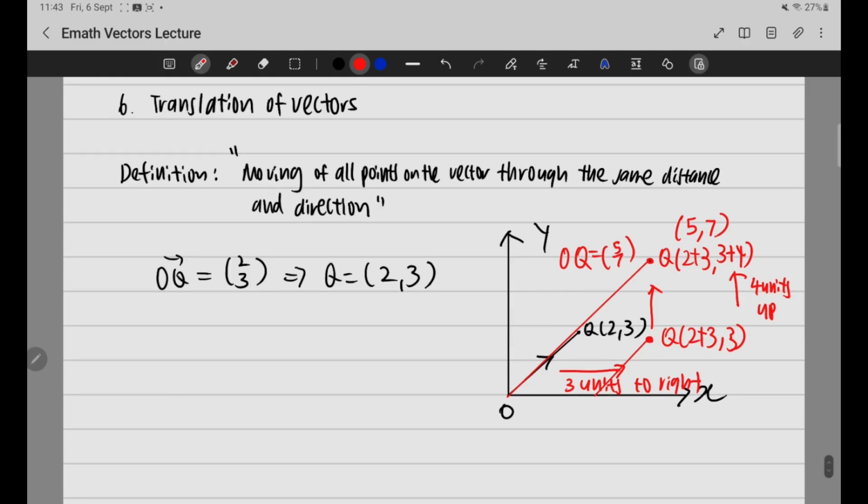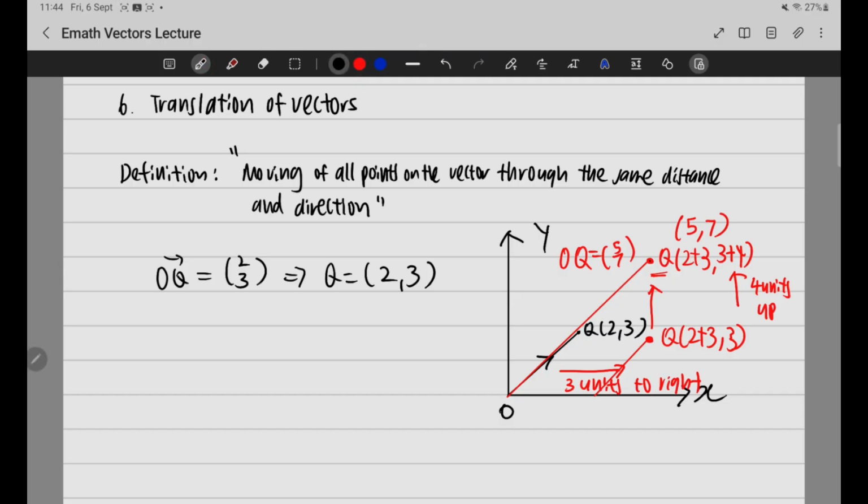So what translation means is that you're just moving a point, let's say point Q, along the x-axis and the y-axis. And if you move the entire vector OQ, basically a translation can be represented by a column vector.